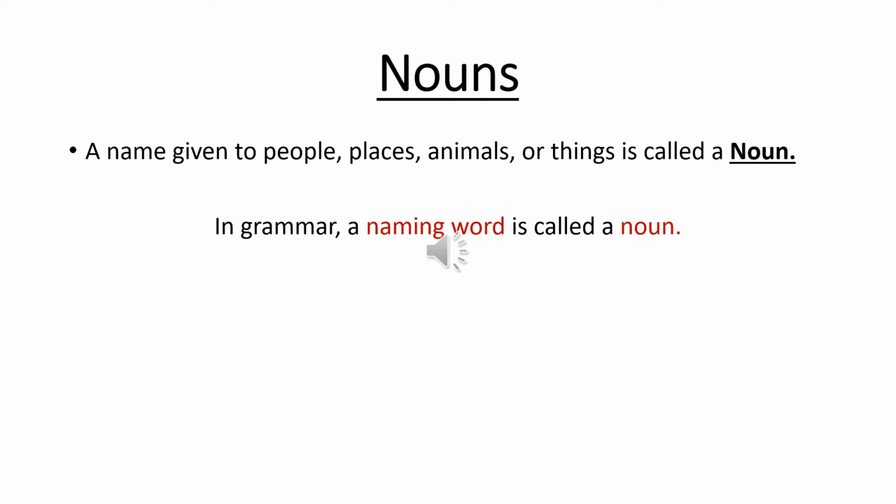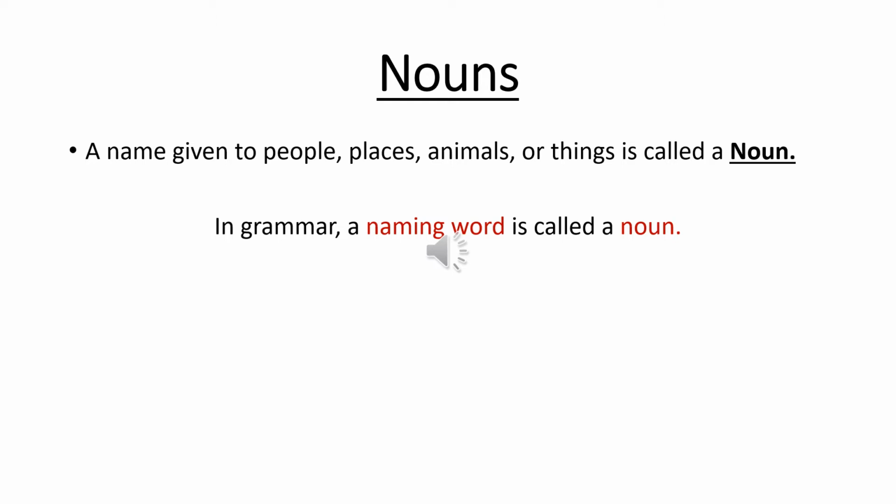In grammar, a naming word is known as noun. Now you all know the definition of nouns. A name given to people, places, animals or things is called a noun.